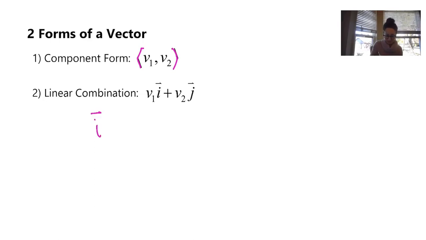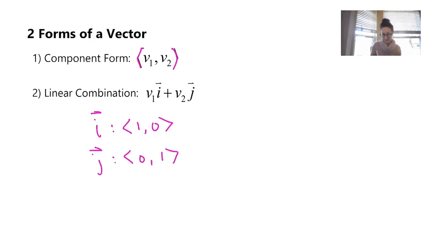Now the vector i is a unit vector of ⟨1, 0⟩, so it's your horizontal unit vector, and the vector j is your vertical unit vector. All right, so you may see, or you will see both, but just know how to convert between the two.